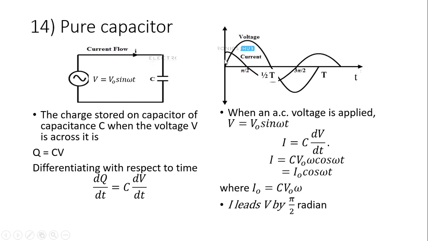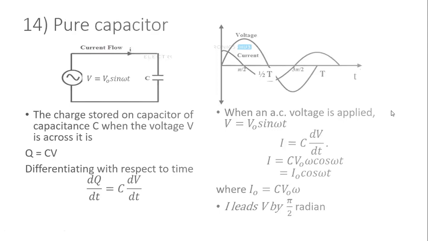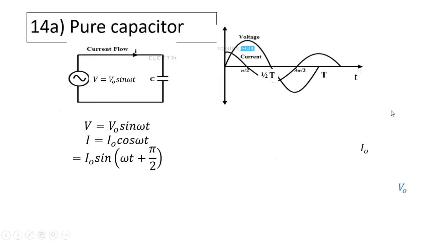This is 0, this is 90 degrees or pi/2. So the current comes first. We say I leads V by pi/2 radian. Or we can rewrite the equation with cos omega t.